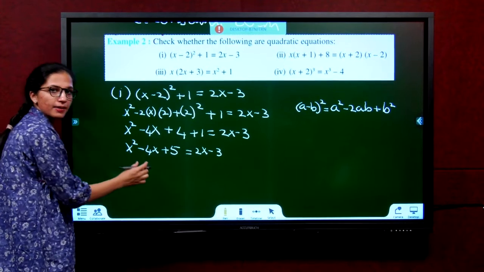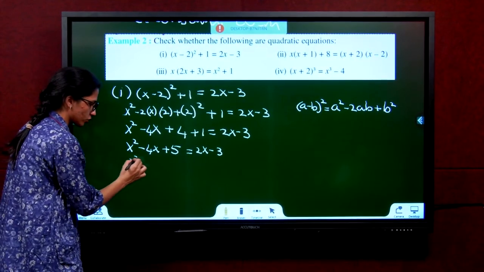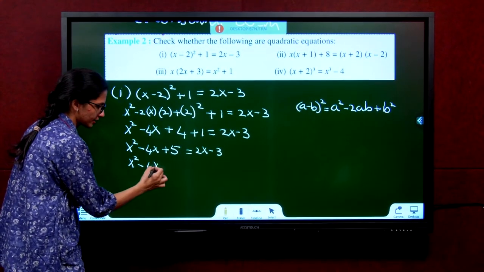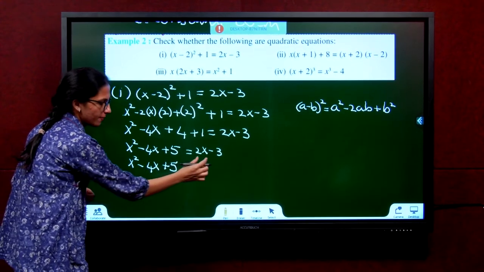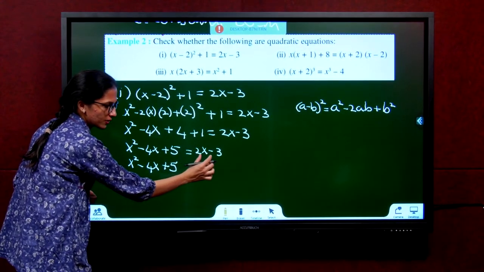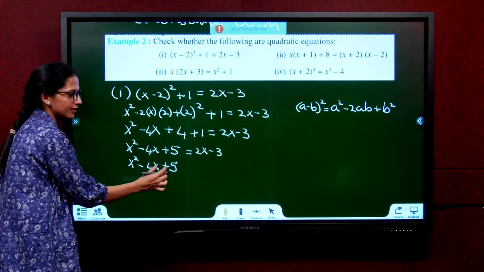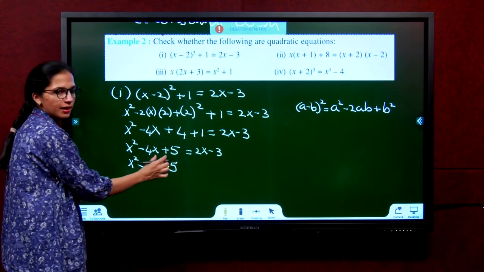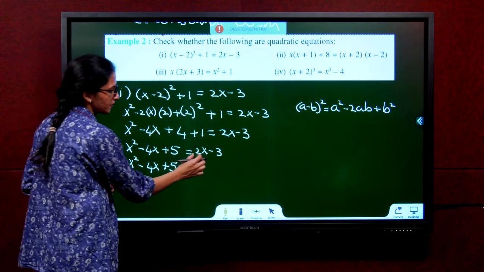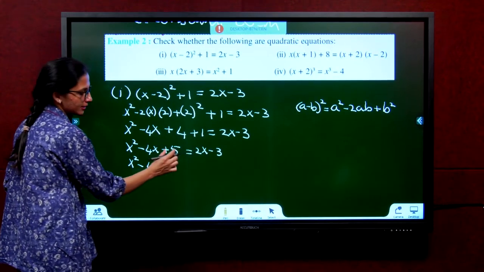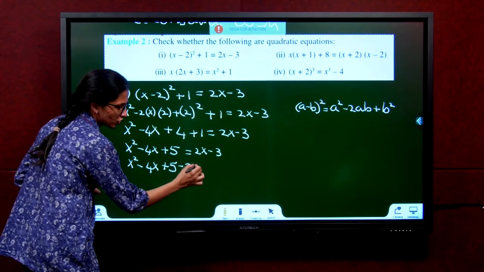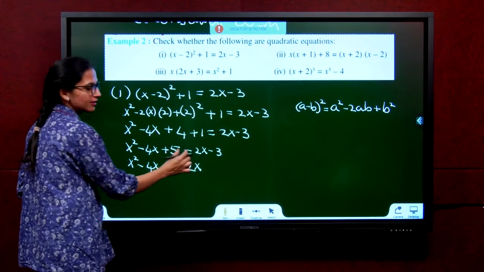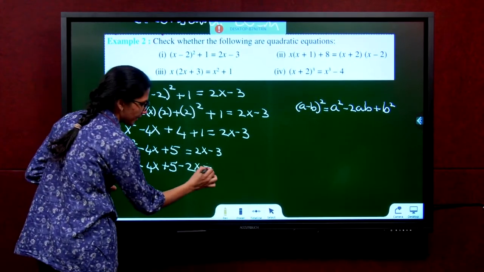Bring the 2x and minus 3 this side. x square minus 4x plus 5. If I bring 2x from the right hand side to the left hand side, the plus becomes minus, the minus becomes plus. Plus 2x is coming this side, so it becomes minus 2x. Minus 3 is coming this side, so it becomes plus 3.